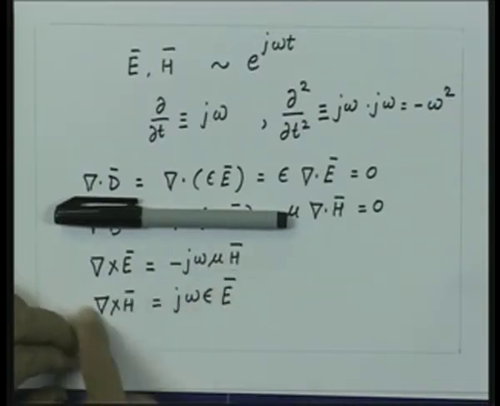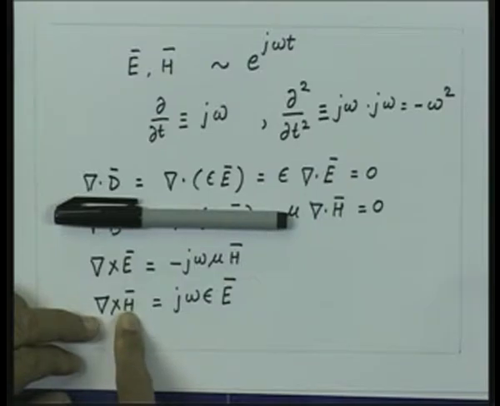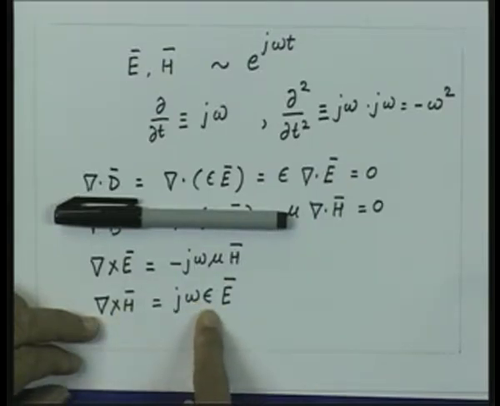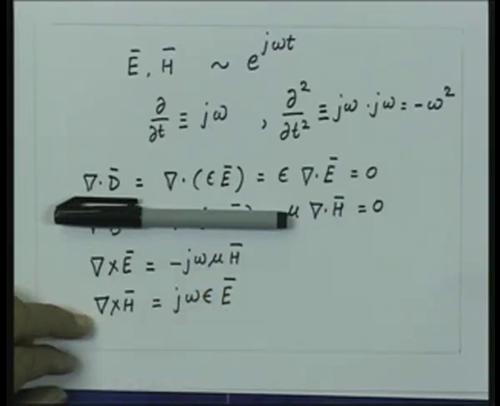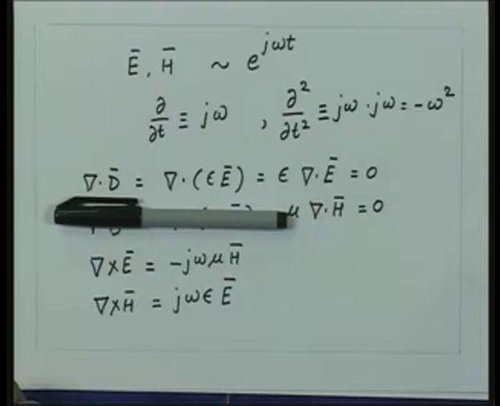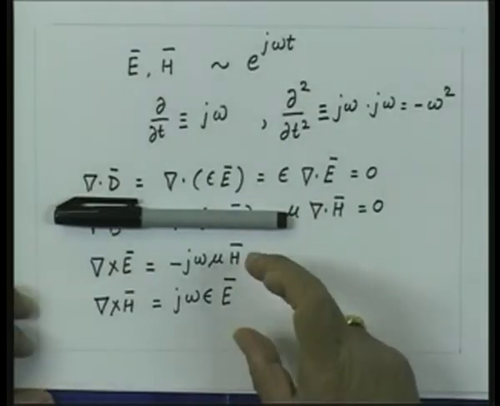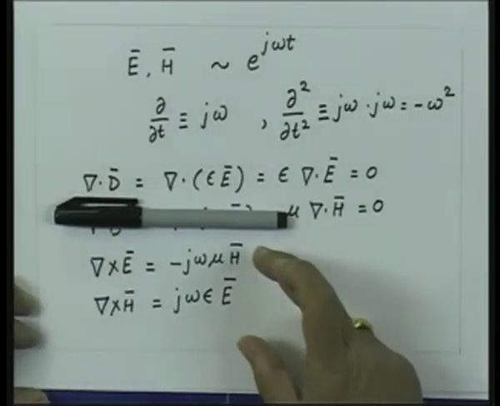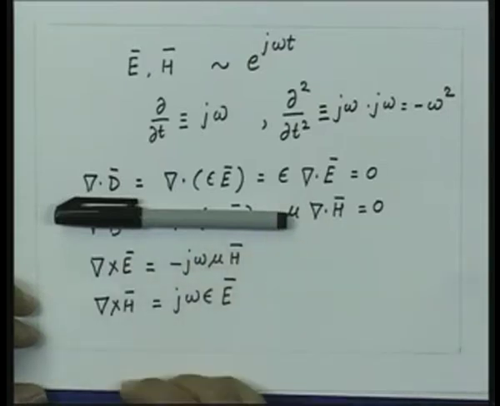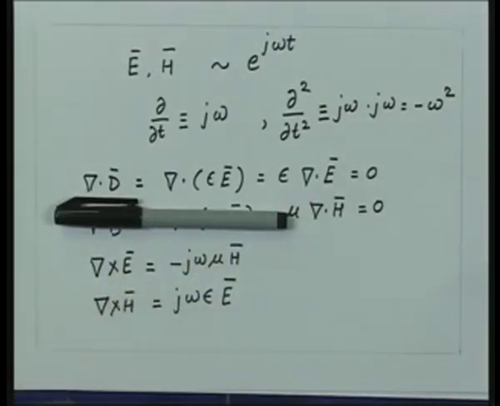Exactly similar thing is here. This is the space derivative of the magnetic field, which is related to j omega epsilon, so it is like a capacitance multiplied by the voltage. So as we got the equations in case of transmission lines, the coupled equations for voltage and current, this is essentially the generalized form of those equations. So here we are having, in general, 3-dimensional space.